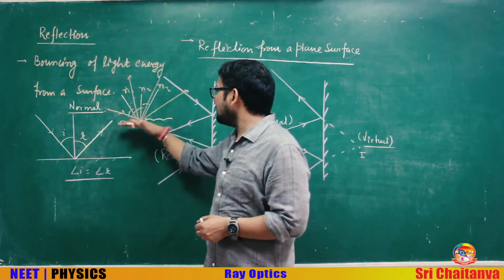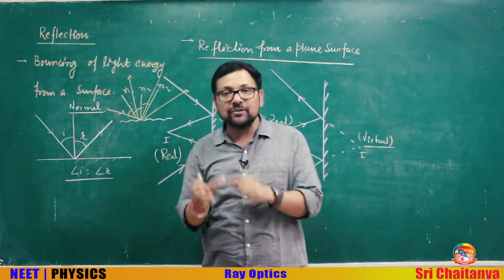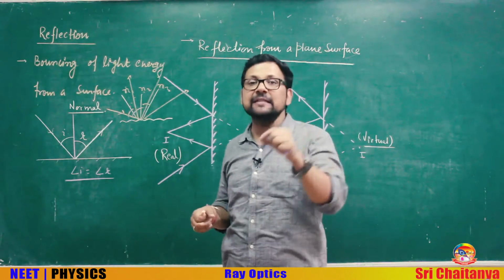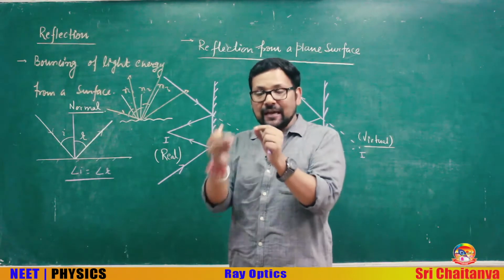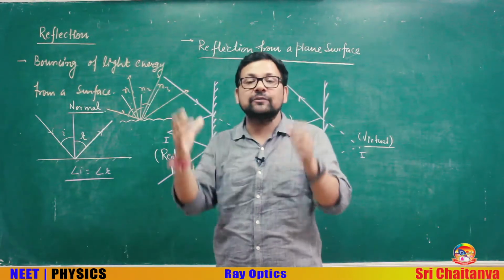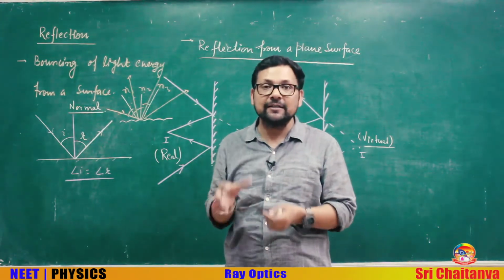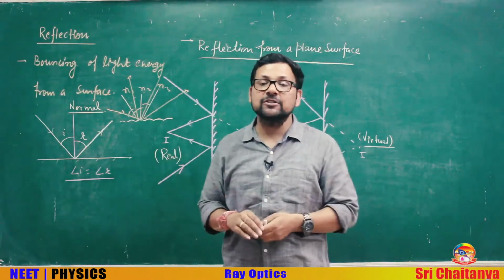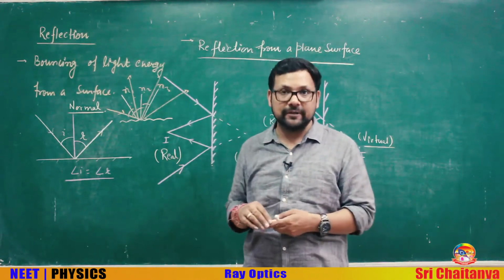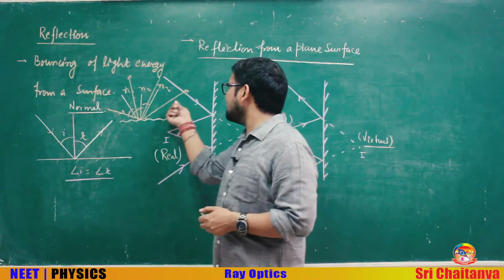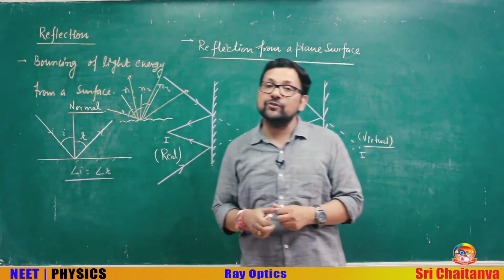So incidence angle is increasing, so reflection angle is also increasing. So one light is being incident on the rough surface and light is scattered in different directions because the reflected light is going in different directions due to the different normal of the surrounding particles. So this is called scattering or diffuse reflection.